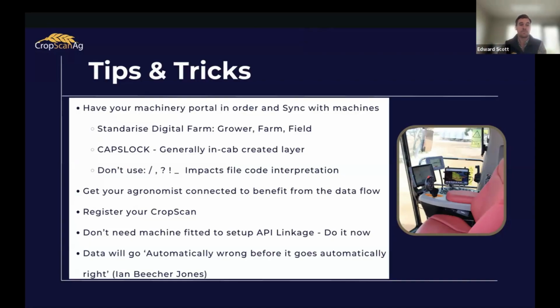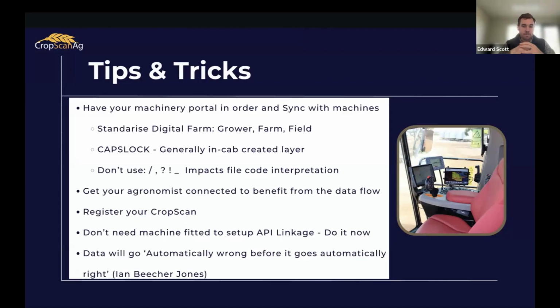With a CropScan, you can register your CropScan as soon as it shows up, and we can then be more in touch with helping and supporting you, and you can be on some of the information flow, because quite often we can be quite disconnected from the grower because it's a sale that's happened through a dealer network, and we often don't get the pleasure of dealing with the end CropScan user, but really keen to keep that information supported and flowing. And those APIs and connections from our account to the machinery portal can happen at any time. You can set it up now and get that all sorted.